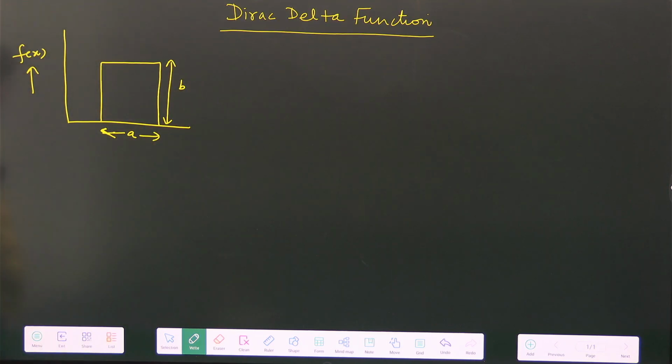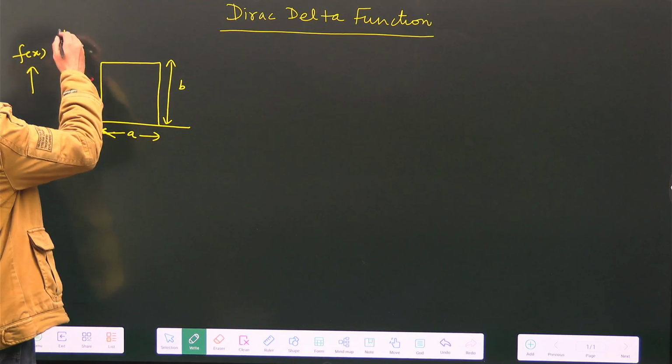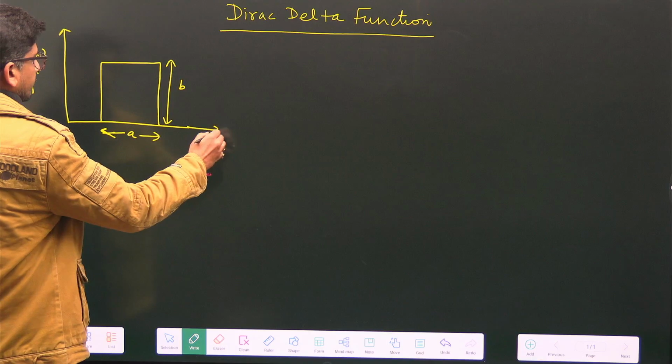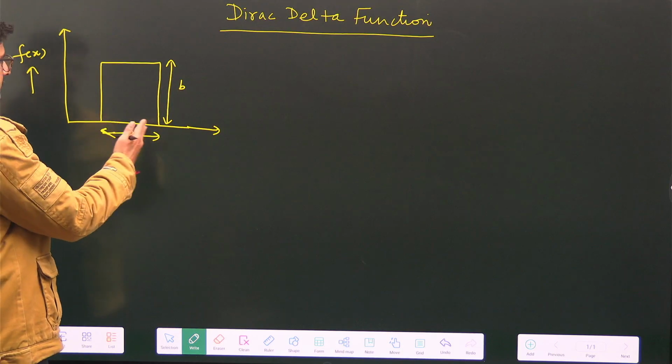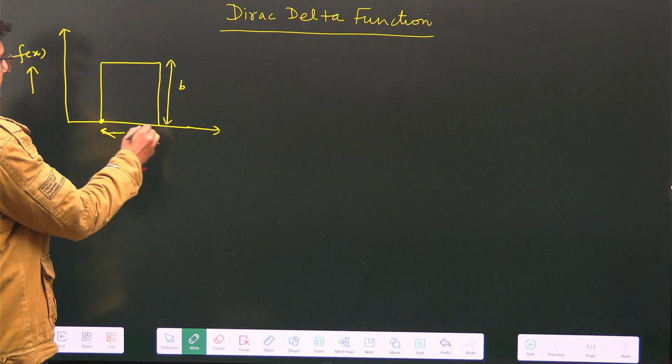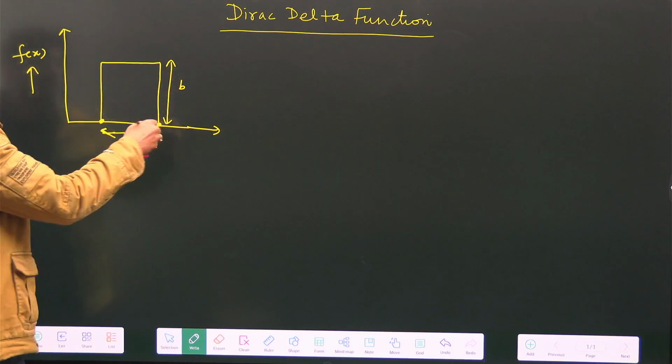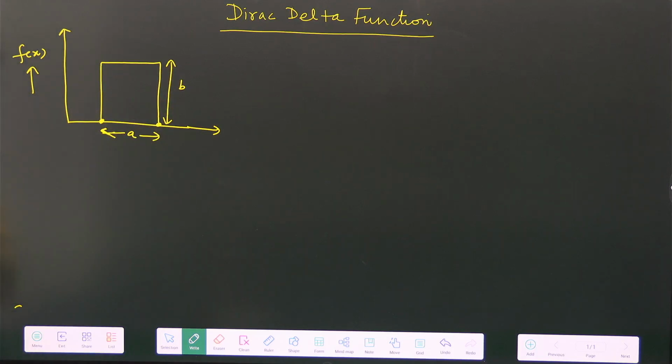So suppose this is some function, a kind of barrier function. It will exist between this, and outside this it is 0.